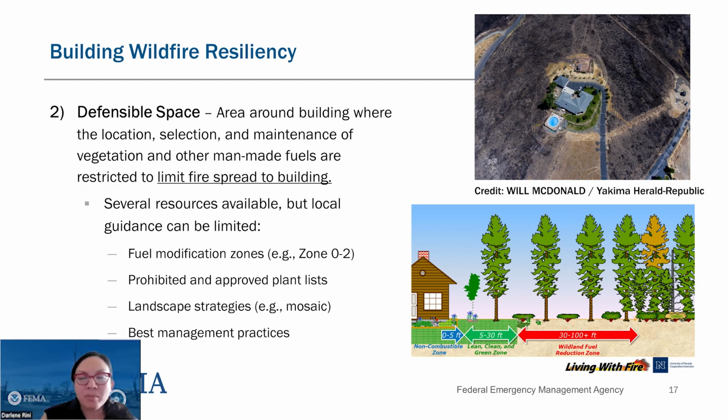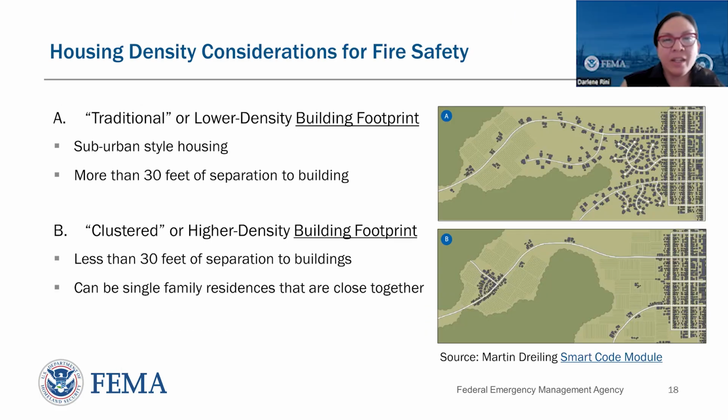There's also some guidance related to how you can arrange these different types of plants and trees in the different zones, and associated management practices for long-term maintenance and sustainability of the vegetative fuels.